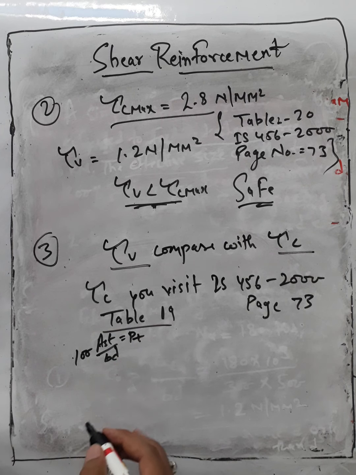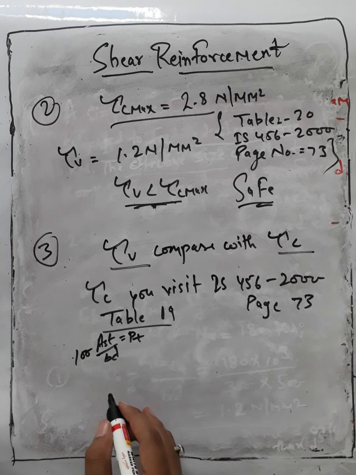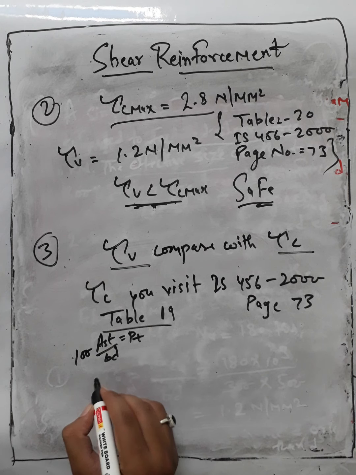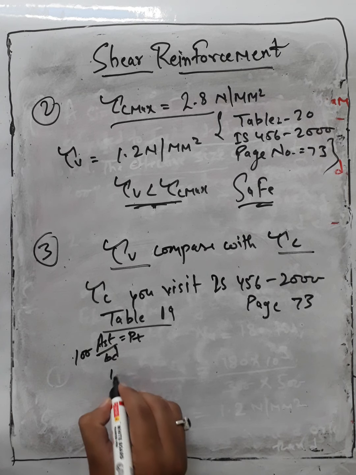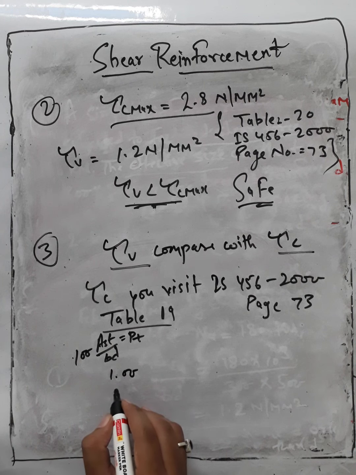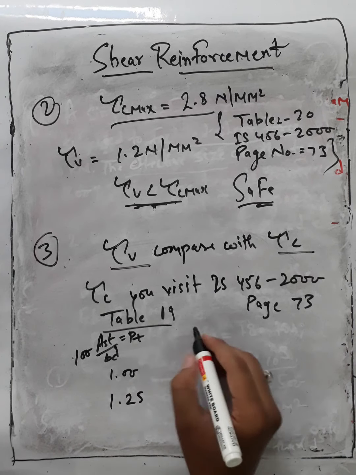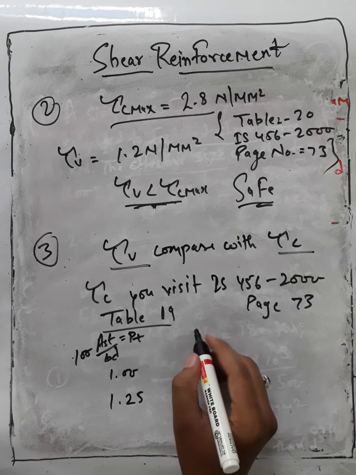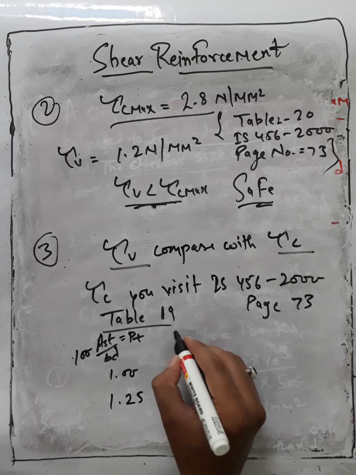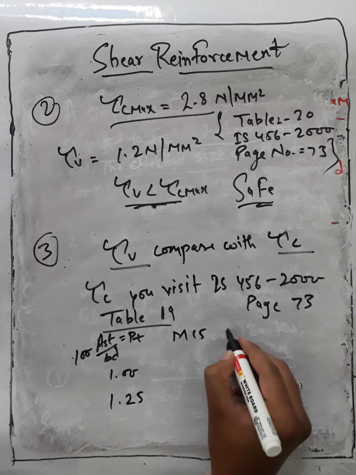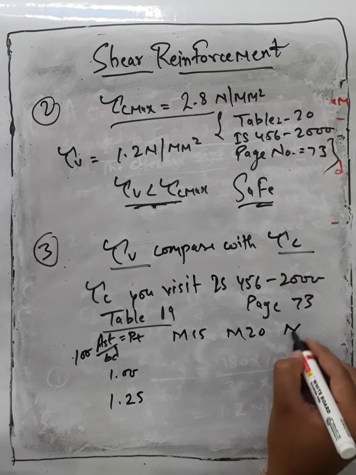Here we have given values 1.00 and 1.25, and the values for grades of concrete, M15, M20, M25.